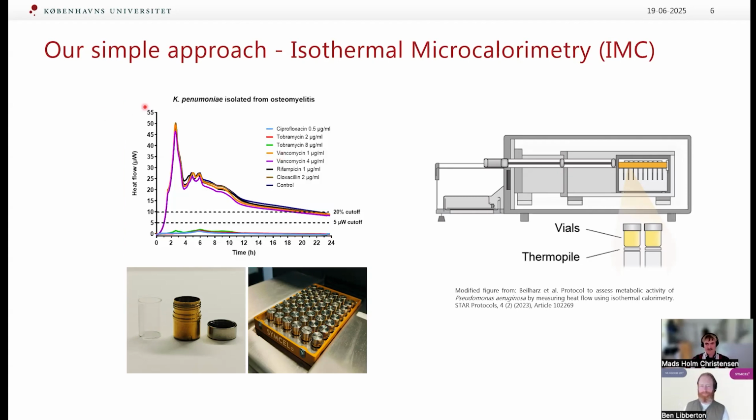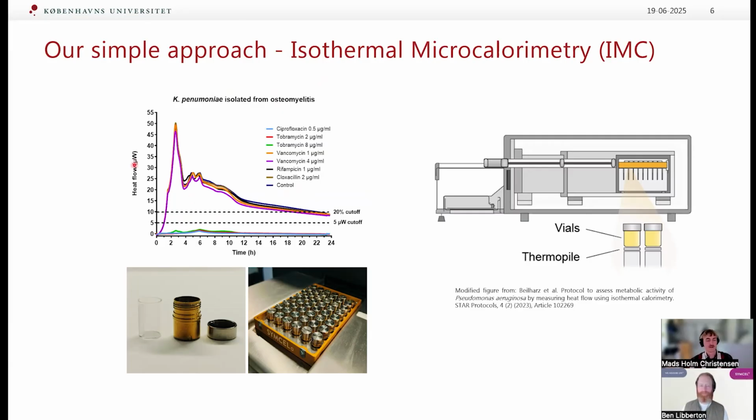So here's just an example of a Klebsiella from an osteomyelitis infection. And for the purpose of this study, I've chosen to set my detection threshold at 5 microwatts. So of course, when the untreated control in my system reaches this, I say that it's detected.